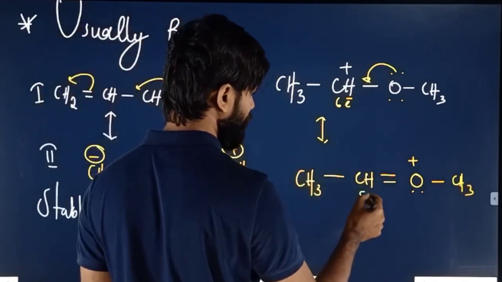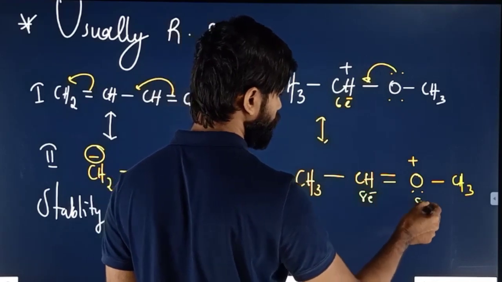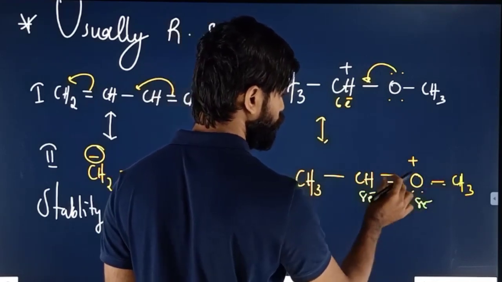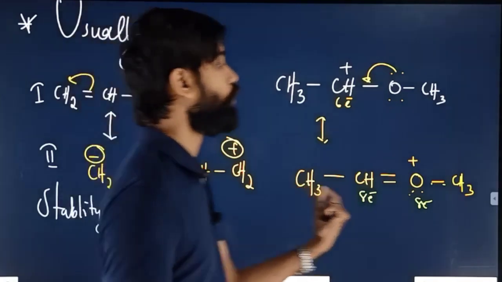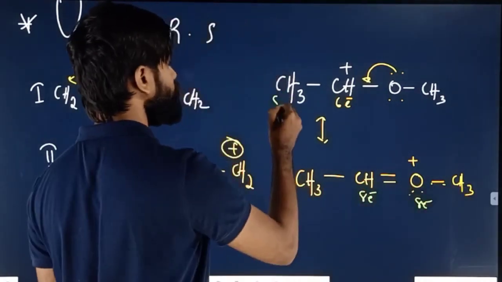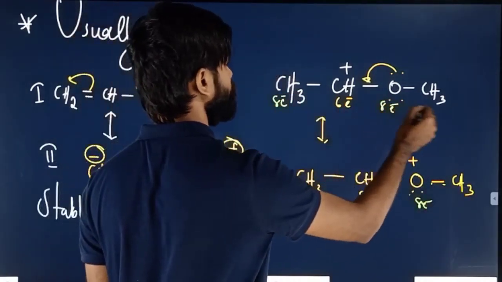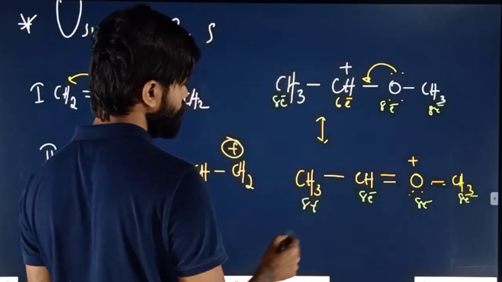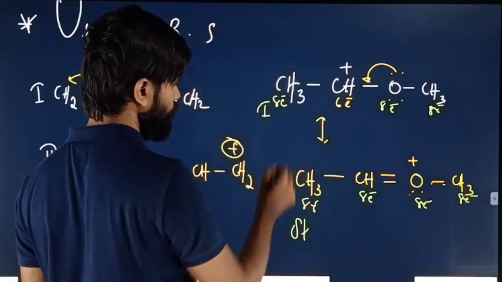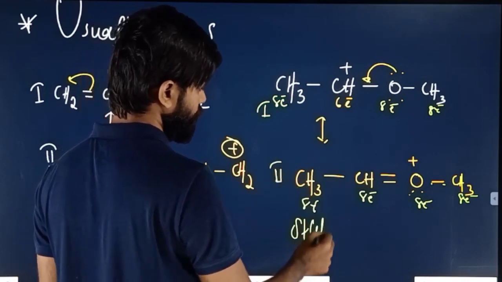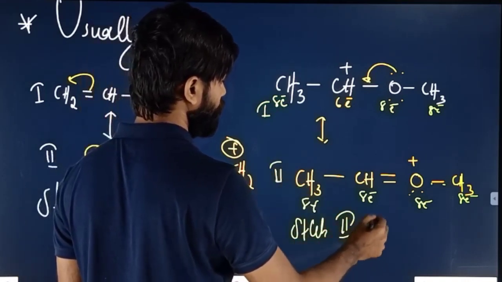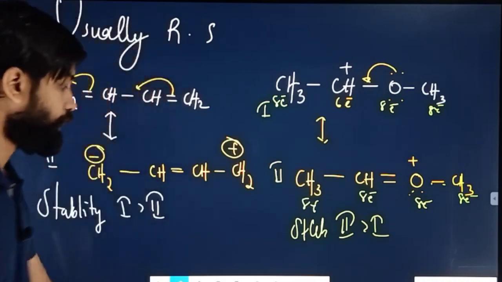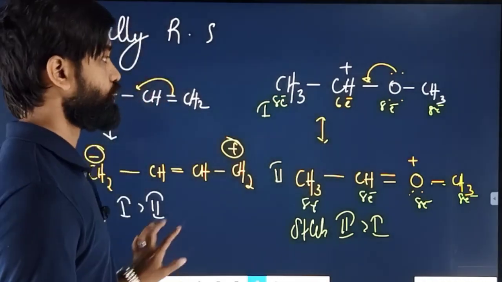Now your carbon has 8 electrons, moreover the positive oxygen also has 8 electrons, 2, 2, 2, 2. So in this structure all complete the octet. So if this is 1 and this is 2, the stability of 2 is greater than 1, because the one with the greater octet is more stable.